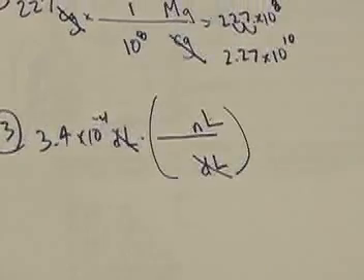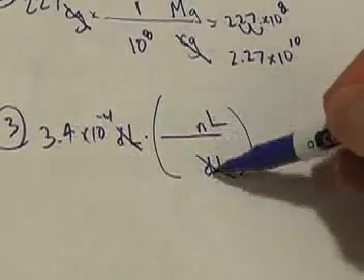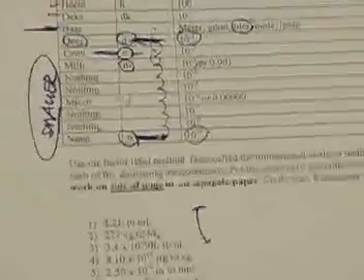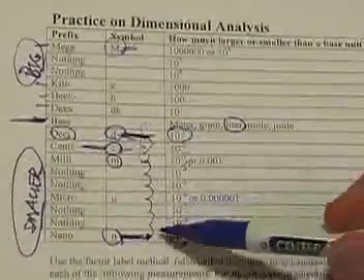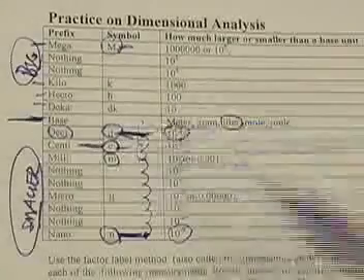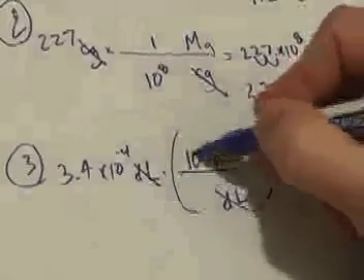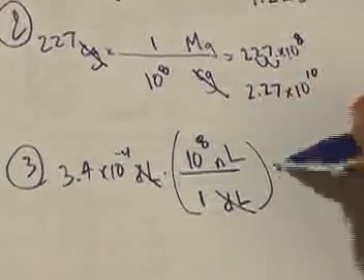So are there 100 million of the nanos in the decis, or 100 million of the decis in the nanos? Well, which one's smaller? Remember, you want to have a lot of the small units in the large unit, and the nano is smaller than the deci. So you're going to end up with 10 to the 8th of the nanos in one of the decis.